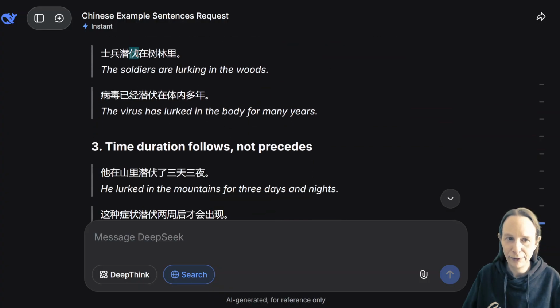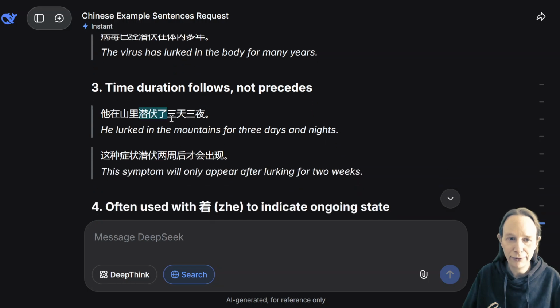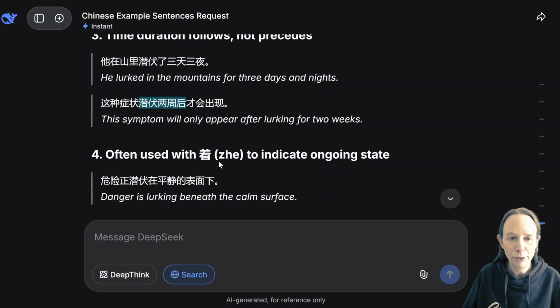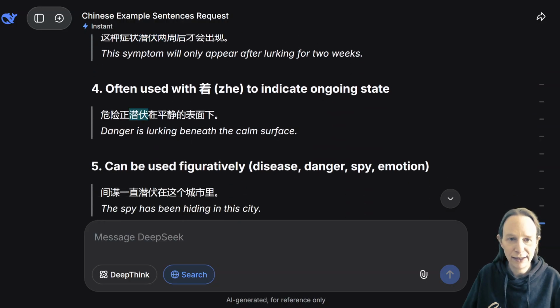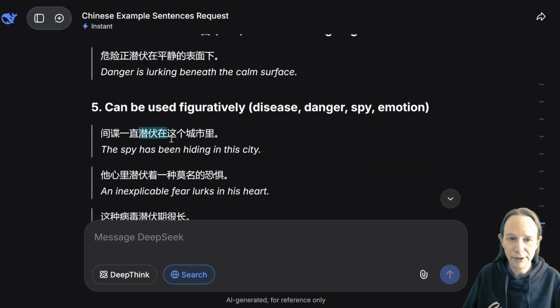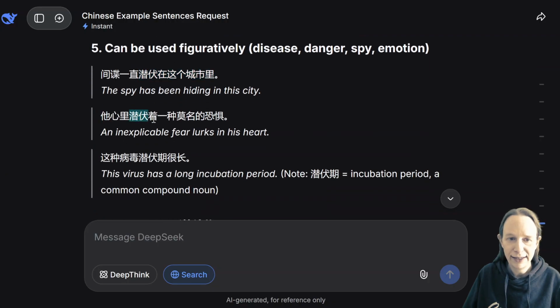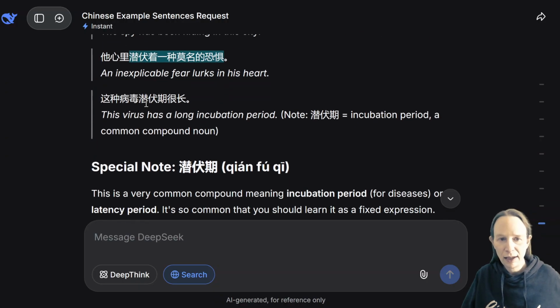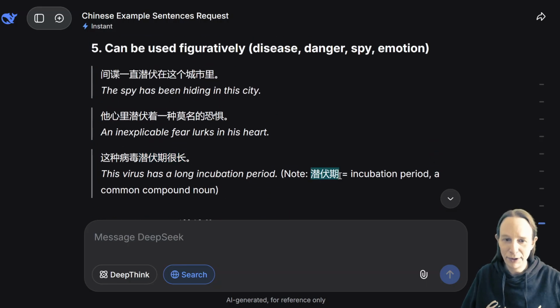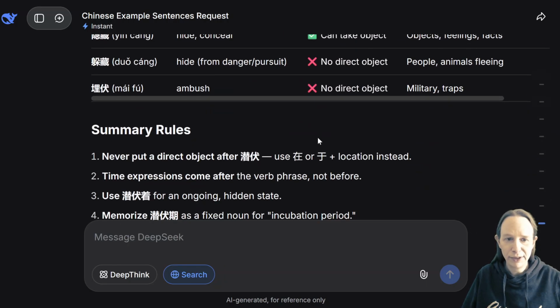All right. 潜伏了3天3夜. Okay. And 潜伏2周后才会出现. 潜伏在平静的表面上. 潜伏在这个城市里. 潜伏着一种莫名的感控. 潜伏期很长. All right, so this is a word. 潜伏期.